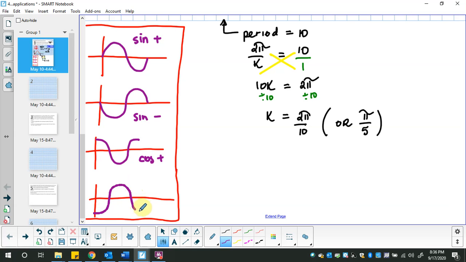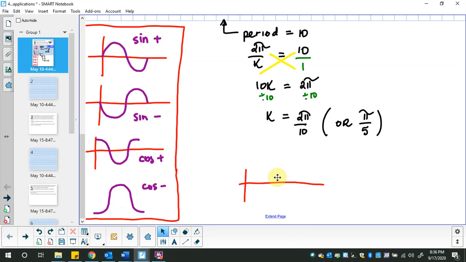Cos negative starts at the low point, goes higher, and then comes back down to the low point. And I do want you to see, and I really like this, I made this up myself, that negative cos is a little ghost, and I like that. I'm going to leave my picture like that.